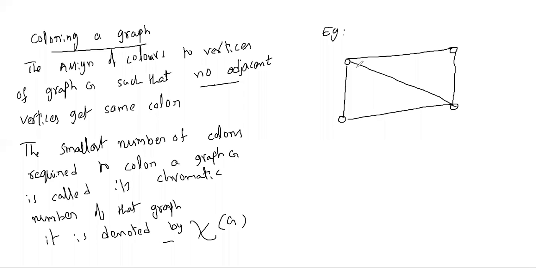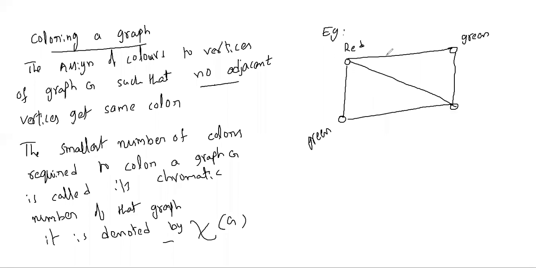What is the condition? You color in such a way that no two adjacent vertices get the same color. First, for this vertex I am giving the color red. When you give red, you don't have the right to give red to this side or this side. Adjacent vertices won't get the same color. So since it is red, you can give green here.